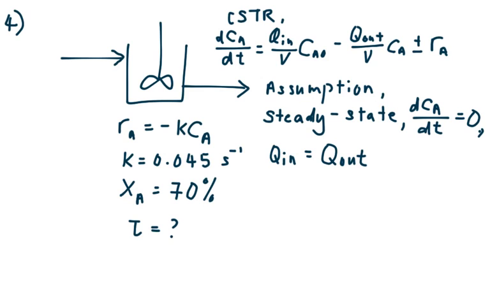So using your basic mass balance equation for your CSTR, in this case I try to remove the V from the reaction term by dividing the equation throughout by V, the volume. And then with proper assumptions such that steady state dCA/dt equals 0 and the flow rate in equals the flow rate out, I can then rearrange the equation as such.